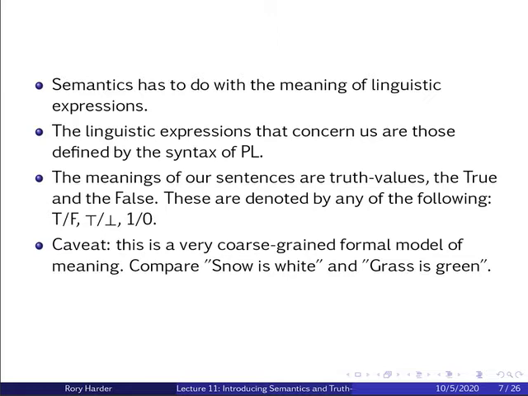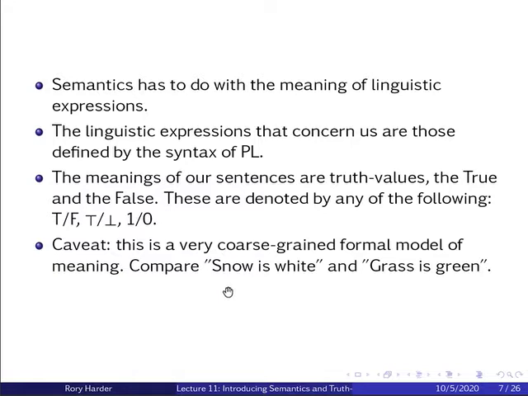And of course, we talk about sentences in our natural languages as having certain meanings. That notion of meaning is much richer than the notion of meaning in this formal model. So for instance, the sentence snow is white and the sentence grass is green obviously have different meanings.